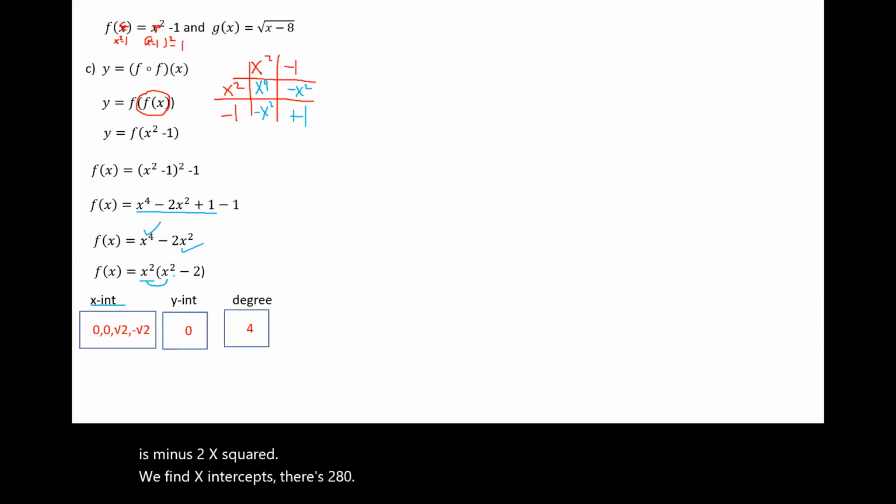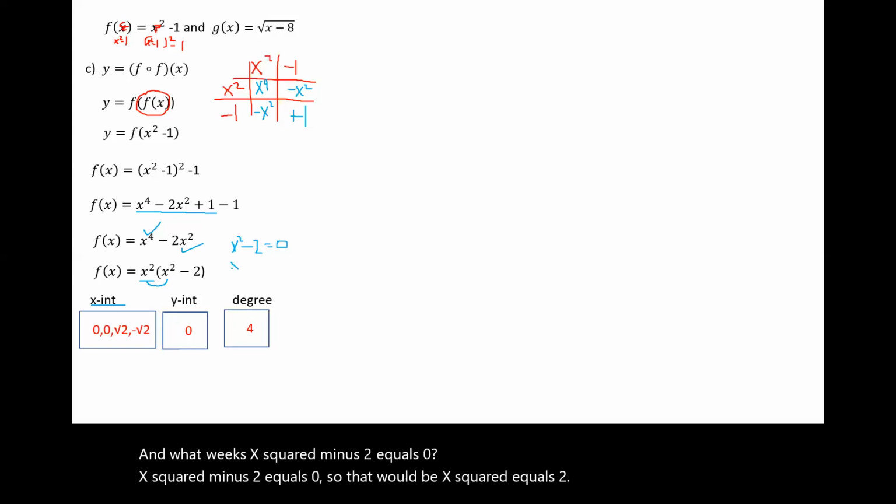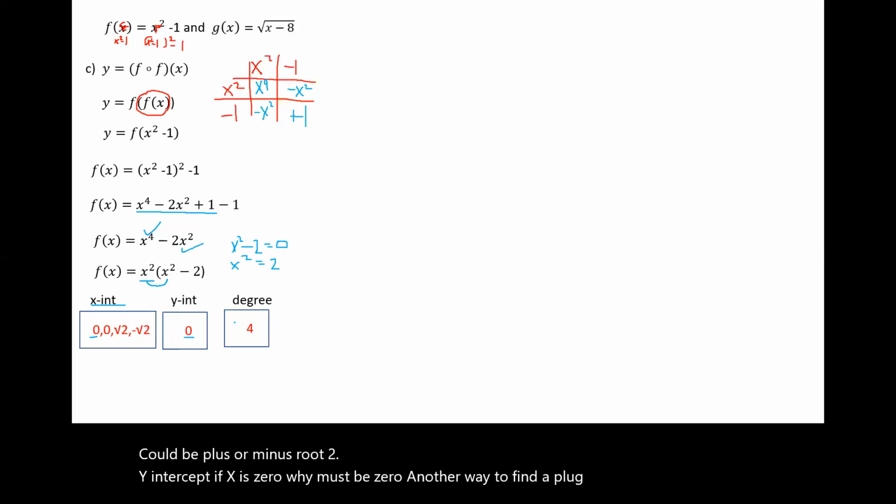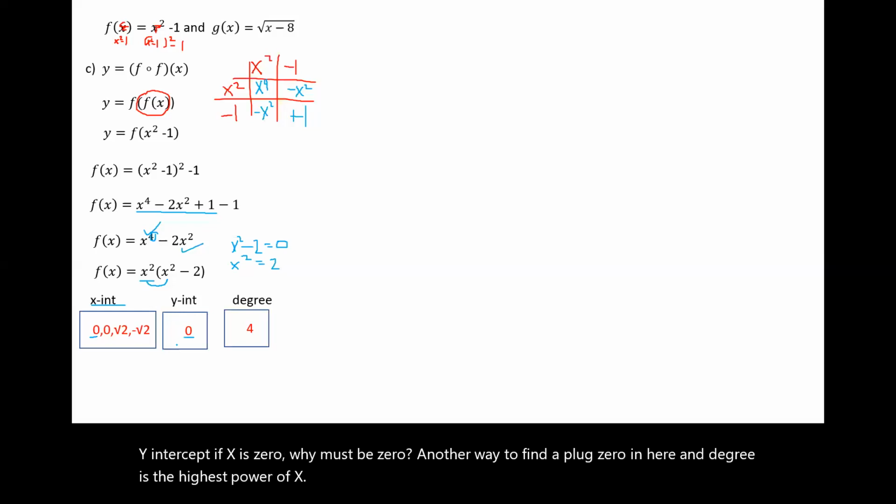And what makes x squared minus 2 equal 0? x squared minus 2 equals 0, so that would be x squared equals 2. What makes x squared equal 2 could be plus or minus root 2. Y-intercept: if x is 0, y must be 0. Another way to find it, plug 0 in here. And the degree is the highest power of x. Ooh, this is a good reminder. Do you remember what the graph looks like?